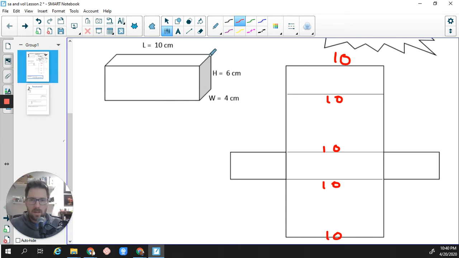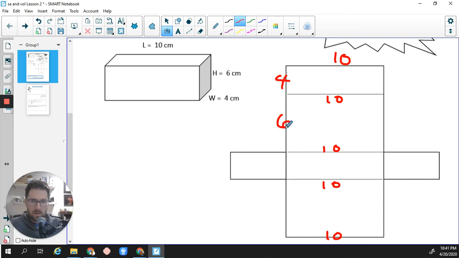Then I can see that this length here is 6. So I can assume on this one, it's going to be 6, and this one it's going to be 6. But here we can see it says 4 and 4. So 2 of them are bigger, and 2 of them are smaller. So this bottom one here is going to be a 4.